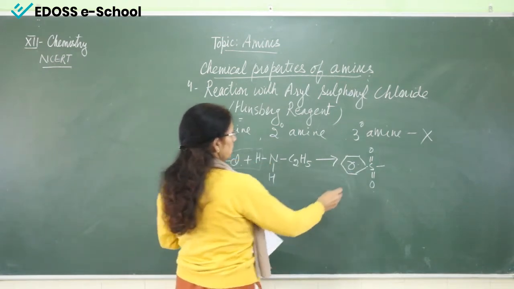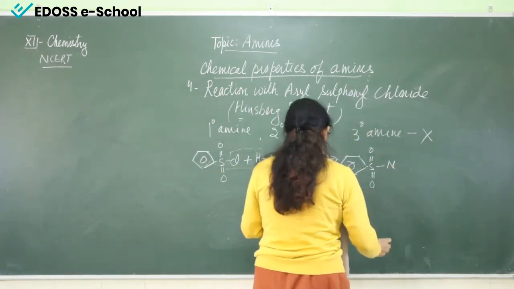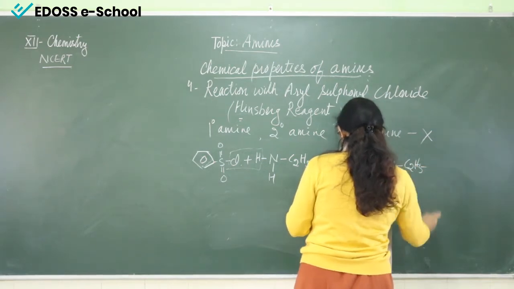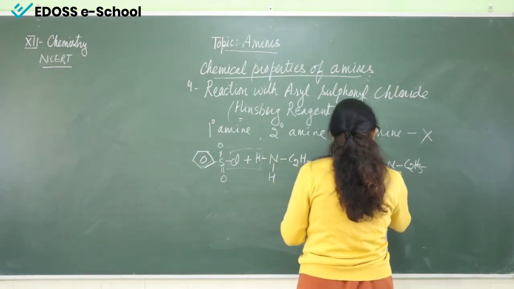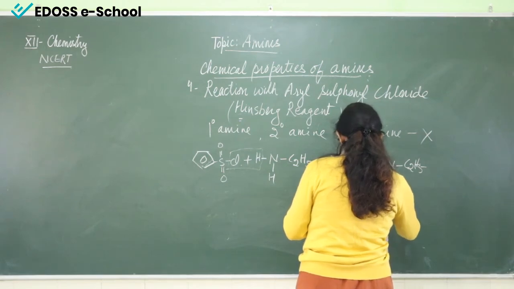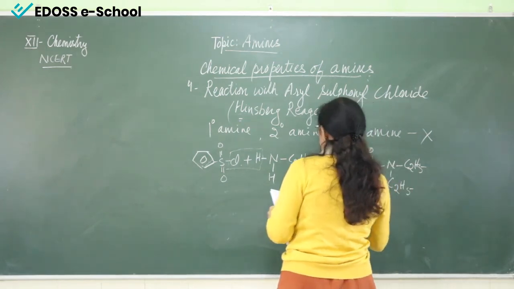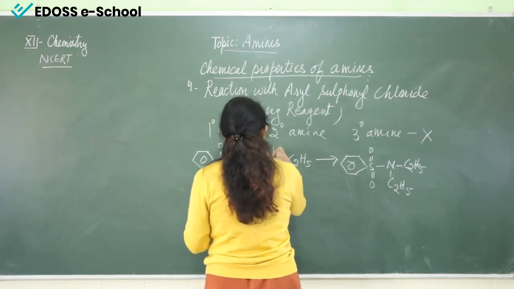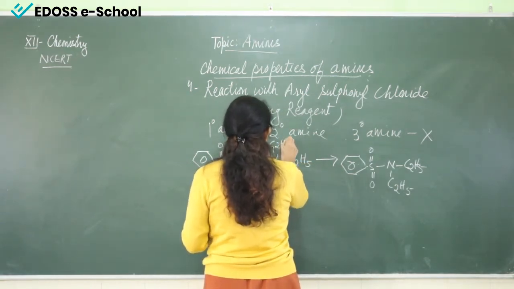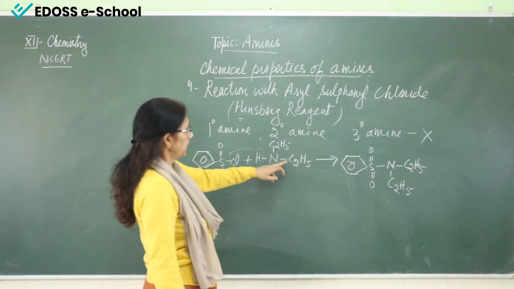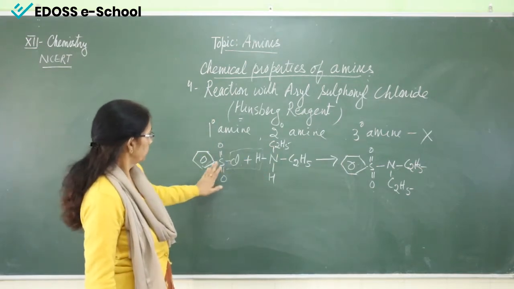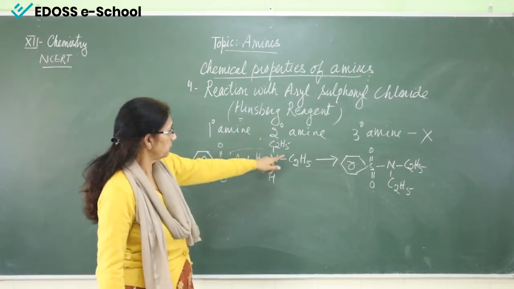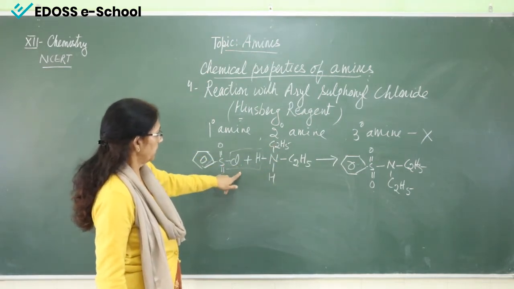So N and C2H5 and this is diethylamine. So this is benzene aryl sulfonyl chloride when it reacts with diethylamine.